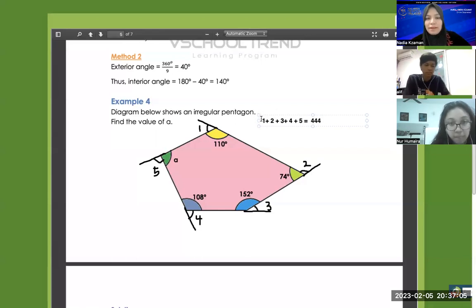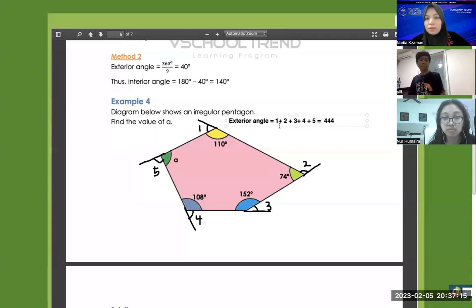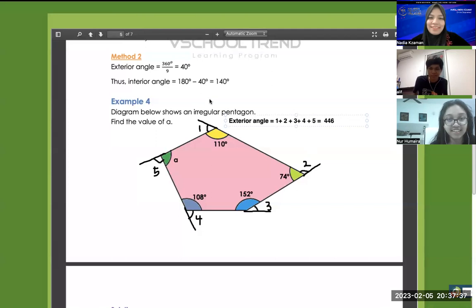This is an exterior angle, right? So the total sum of exterior angles, is it 444? No. My calculator says 454. This is for the external, remember? How do you calculate that?